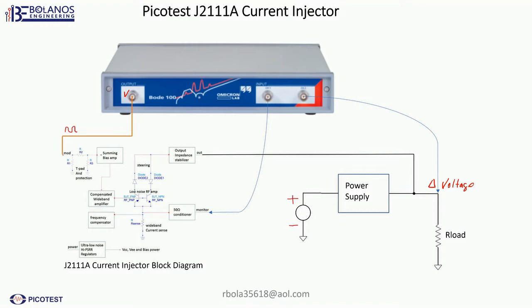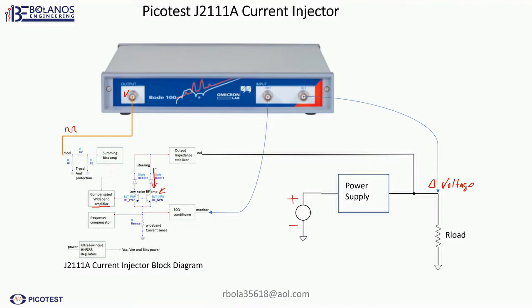That signal goes through this summing amp and into an amplifier. That amplifier then drives this NPN transistor, which causes current to be drawn.